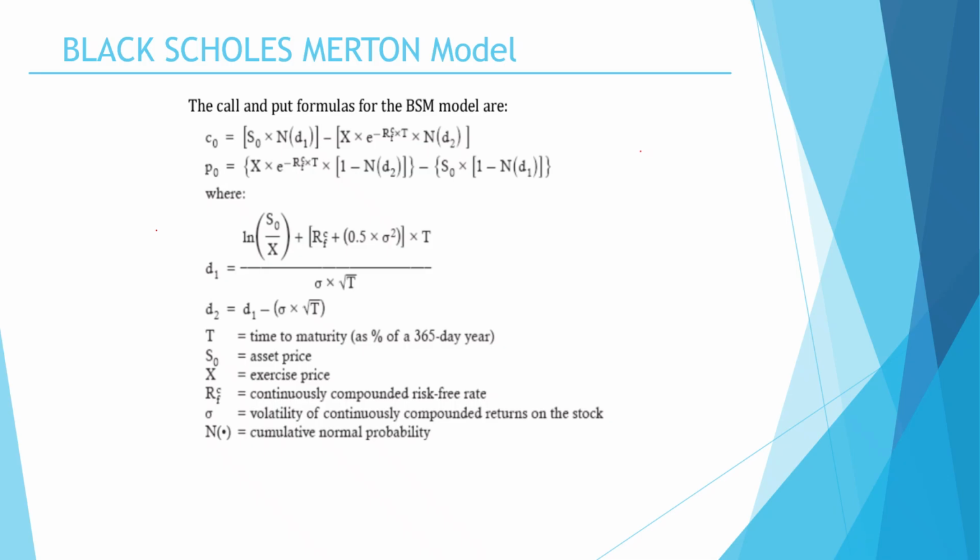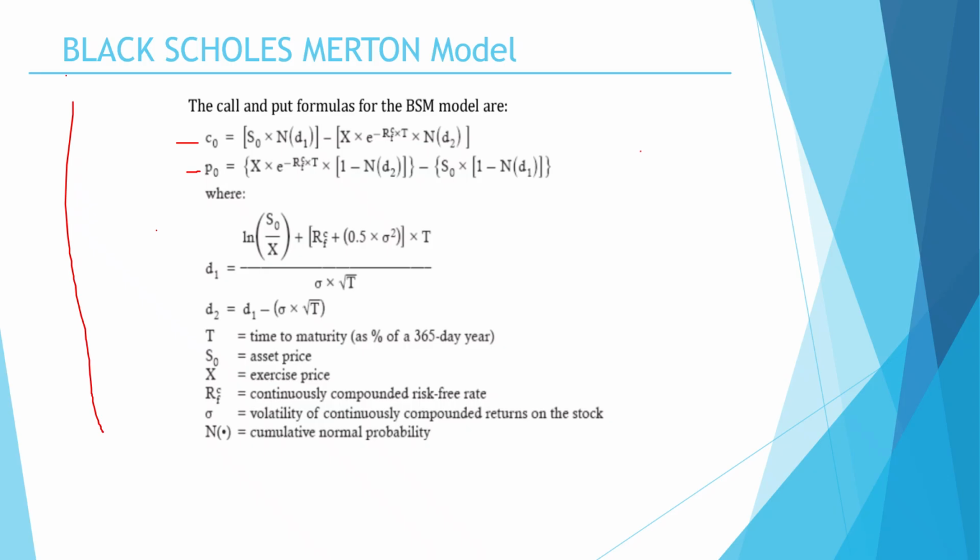Hello. In this slide, I will explain the pricing of call and put options using the Black-Scholes-Merton model. In this slide, you will see that there are complex formulas. This is the formula for the call and this is the formula for the put. This mathematical equation is used to derive the price of the call option and the put option.